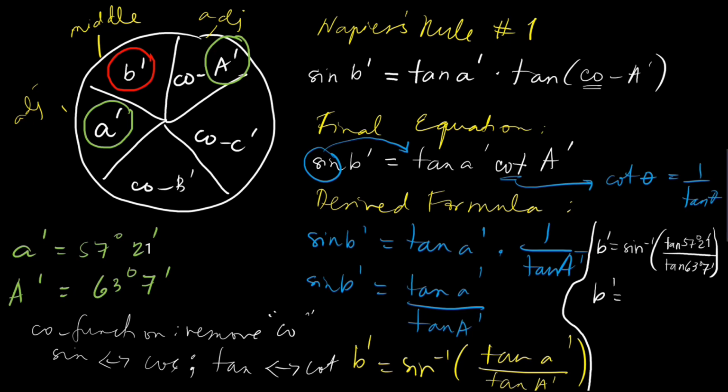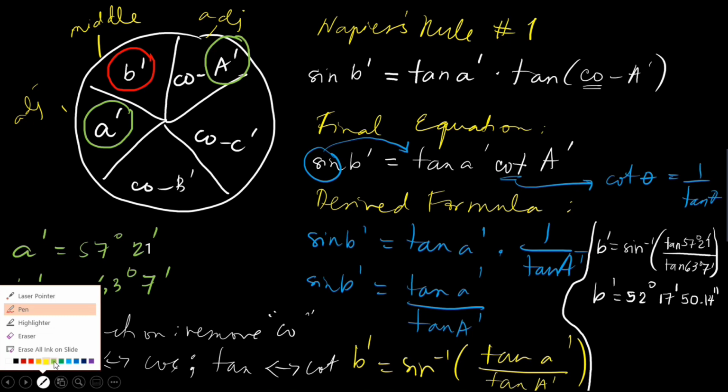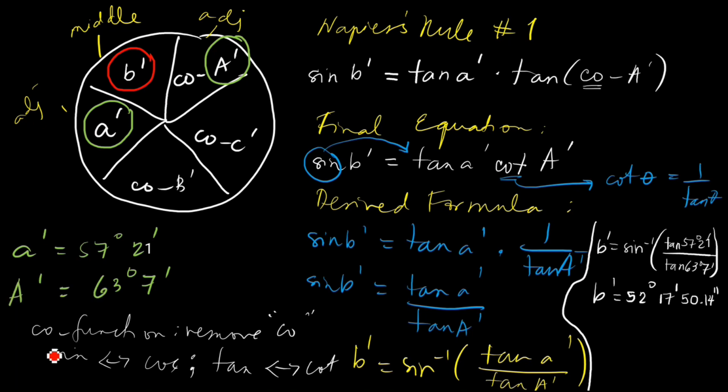Be sure that you input it correctly in your calculator so that you can come up with the answer. 52 degrees, 17 minutes. Then include the seconds, 50.14.